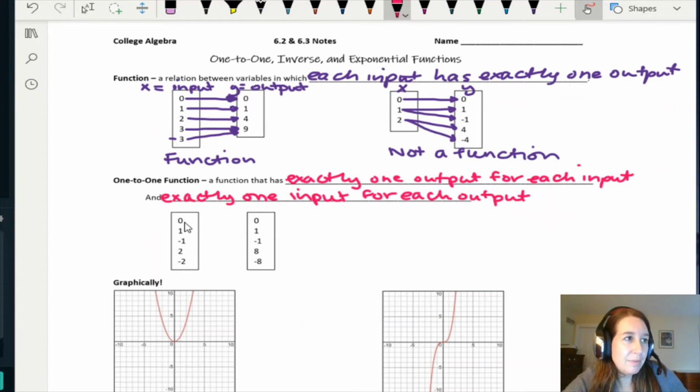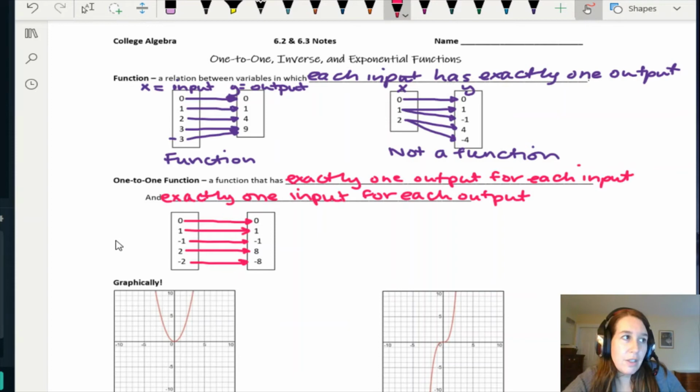So here, when we put in 0, we get 1. When we put in 1, we get -1. When we put in -1, we get -1. When we put in 2, we get 8. And when we put in -2, we get -8. Now you might be thinking, what are these functions?